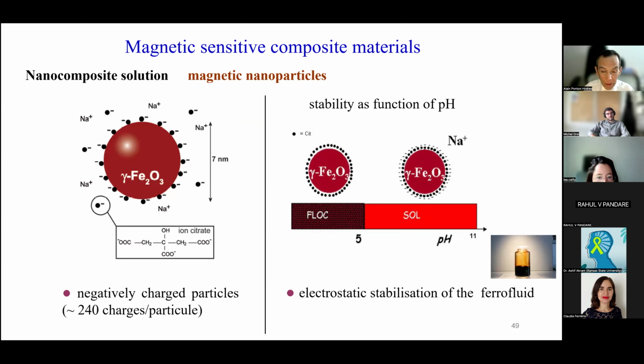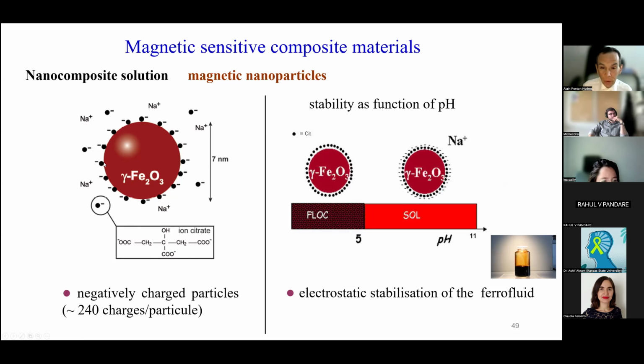For magnetic nanoparticles, we have synthesized this kind of particles. These nanoparticles are maghemite, and these maghemite are negatively charged.